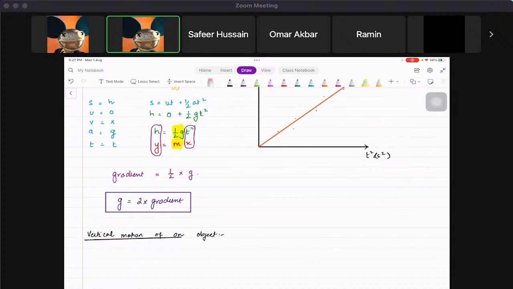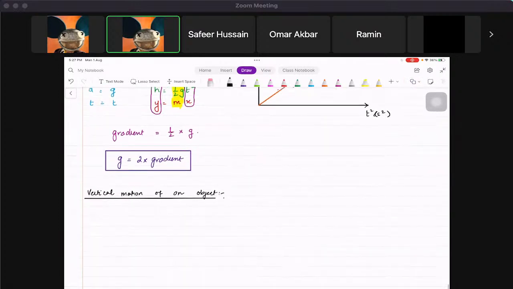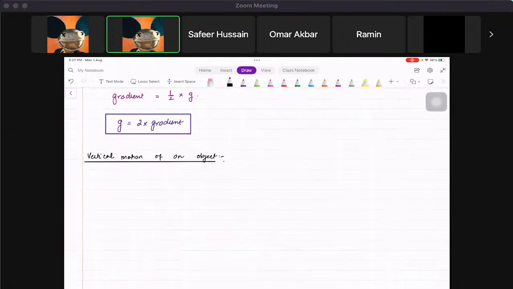You should understand that if there is an object that falls down, whatever its initial velocity is, the final will be larger than that.